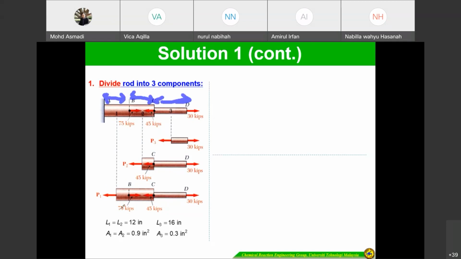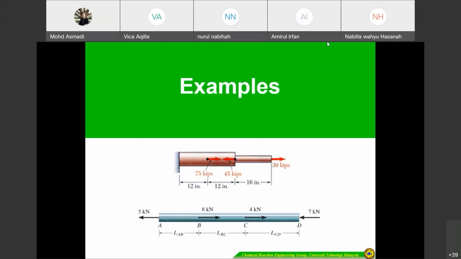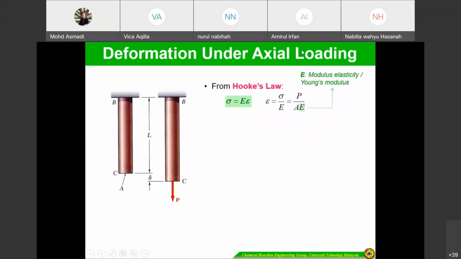The area for 1 and 2 is the same, 0.9 inch square, and for 3 it is 0.3. So they have a different area or different diameter. You have to use this equation because of the different cross-sectional area.